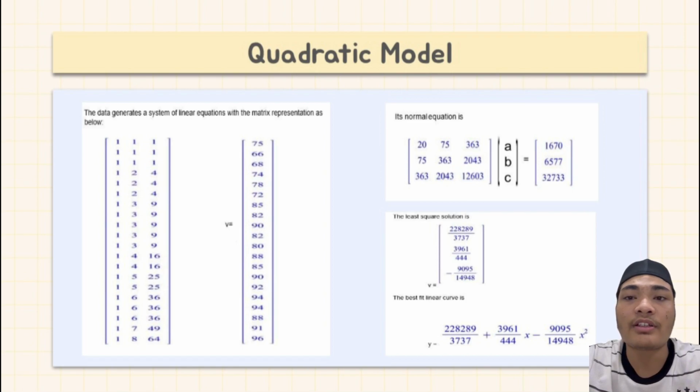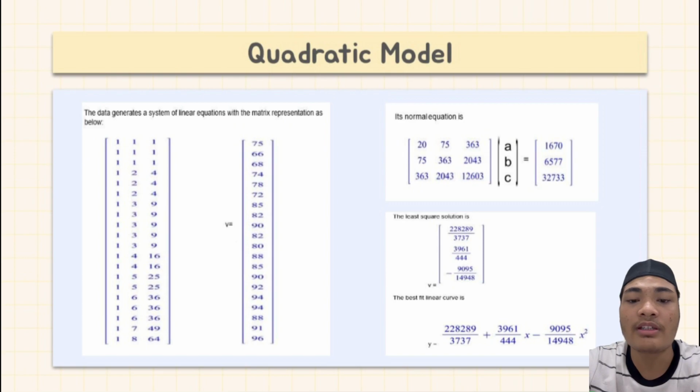Now it's time to find the normal equation using V equals the inverse of M transpose M times M transpose C. Then we will get the least square solution. After that, we will find the best fit curve for the quadratic model.